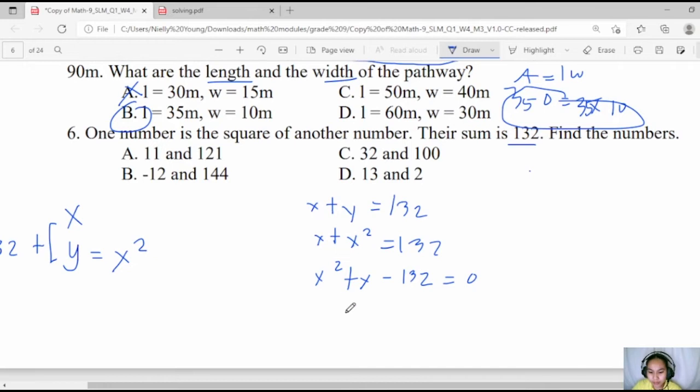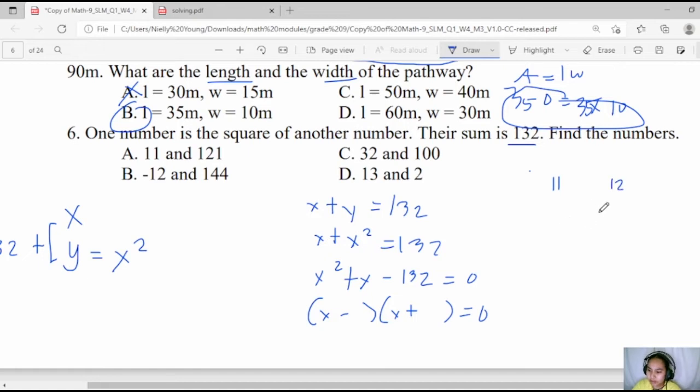And then use the factoring method. That is (x)(x). Since it is negative, they have different signs. The factors of 132 are 11 and 12.